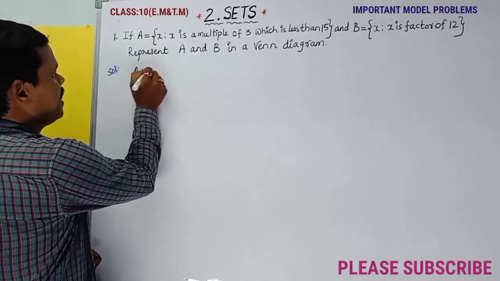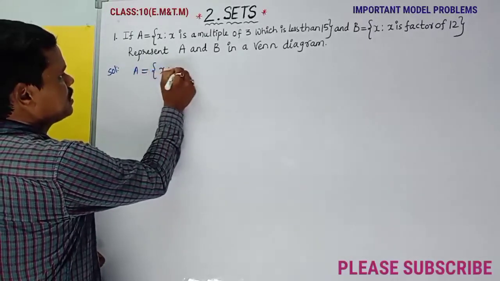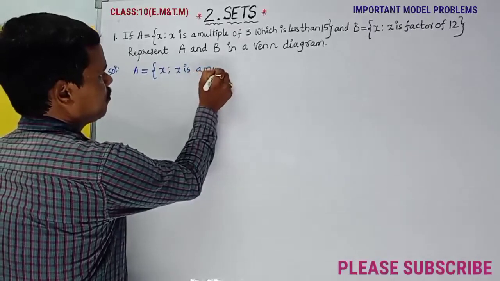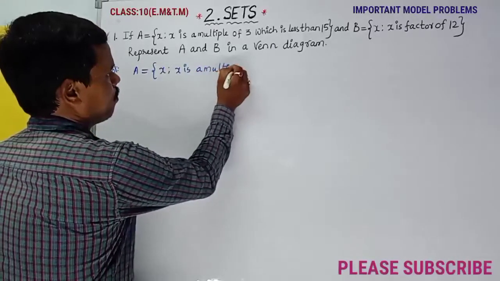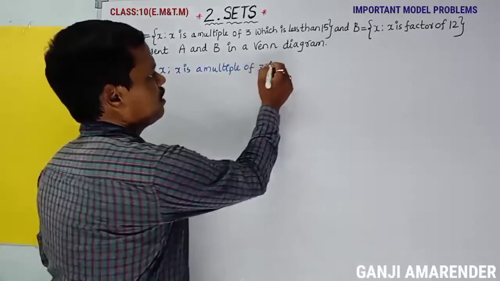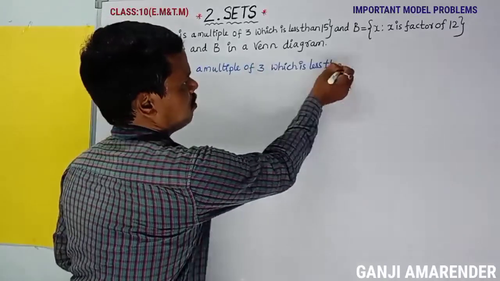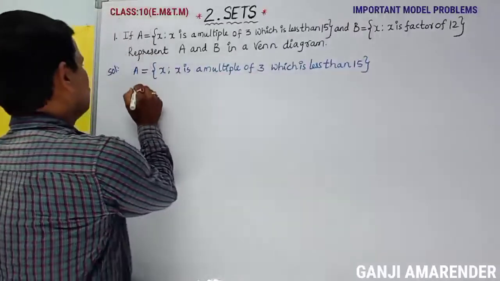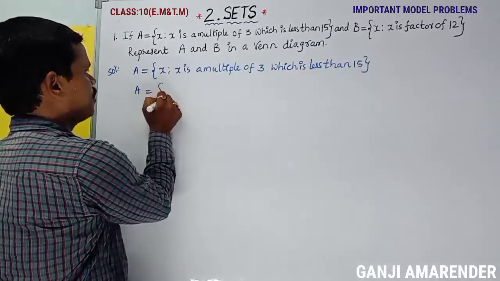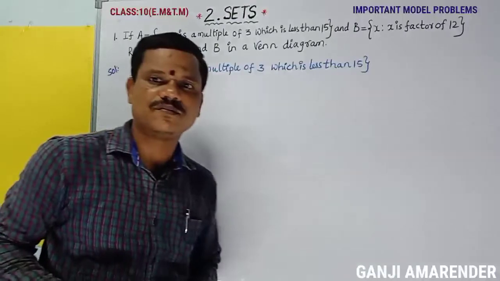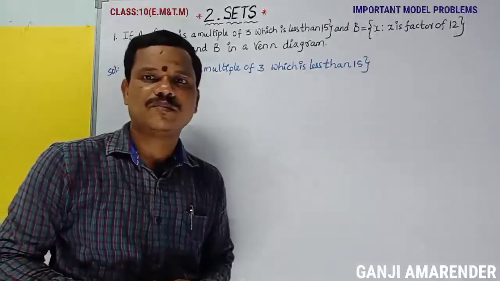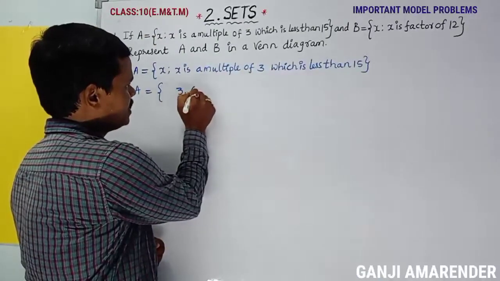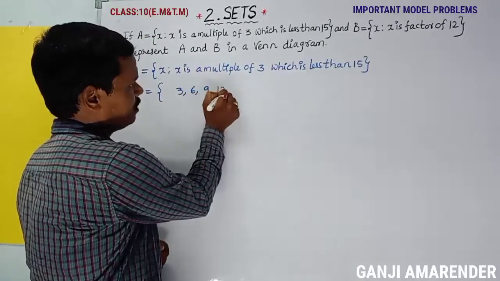Given set A is equal to x such that x is a multiple of 3 which is less than 15. Its roster form: multiples of 3 less than 15 are 3, 6, 9, 12.